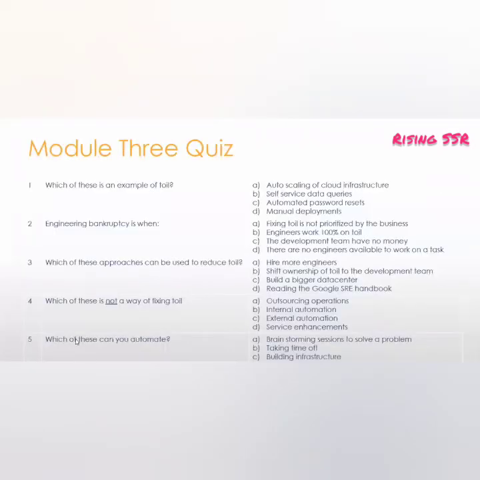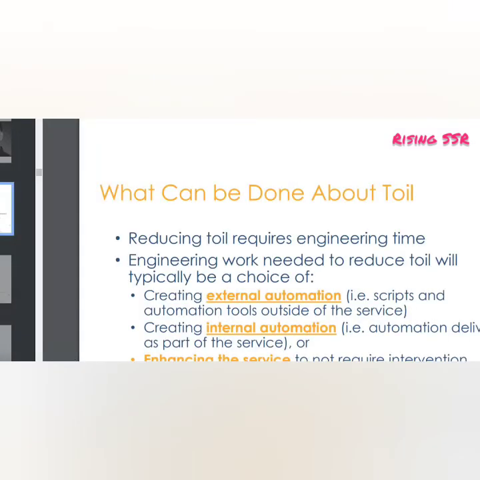So let us attempt the module 3 quiz. Which of these is an example of toil? Manual deployments. Amazing, awesome. Engineering bankruptcy is when? I think B. Remember the 50-50 ratio?